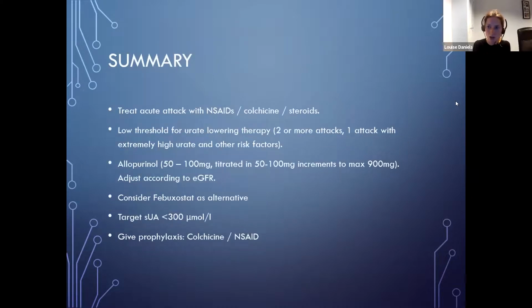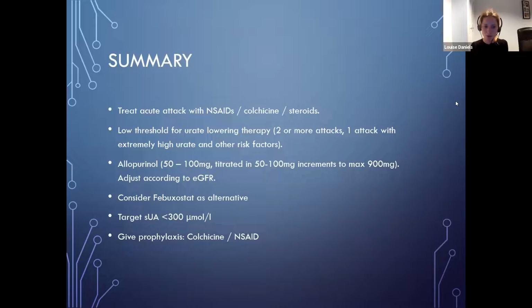So just to summarize very briefly, treat the acute attack rapidly with non-steroidals, colchicine or steroids. Have a low threshold for initiating urate lowering therapy. So that might be 2 or more attacks of gout, or 1 attack in somebody with an extremely high uric acid level and other risk factors for further attacks.